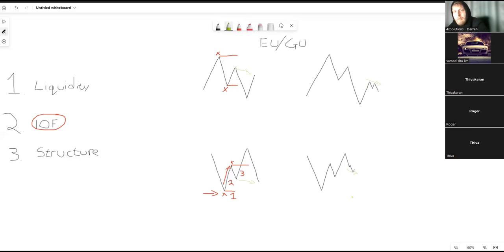Where can you get in? The confirmation is what? Order blocks, mitigation, void. Well, in this case, the confirmation is the breaker, or the mitigation block. Okay, so then the confluence would be the SMT part of things.